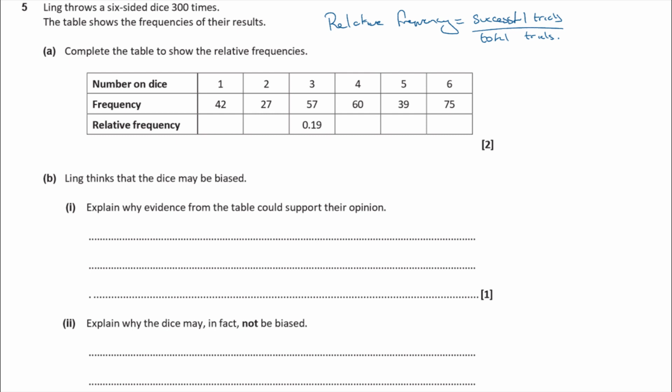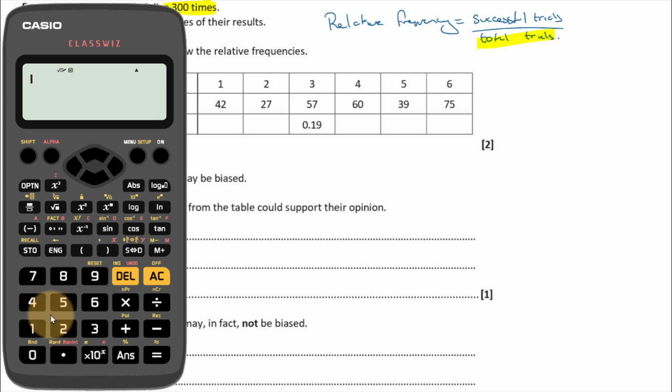So here, total trials is 300, isn't it? The total trials here is the number of throws altogether. And the successful trials is just the number of successes for that particular number. So for 3, there were 57 successes. And you'll see if you divide 57 by 300, the total number of trials, you're going to get 0.19.